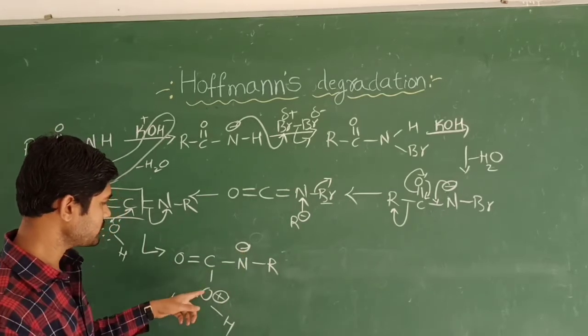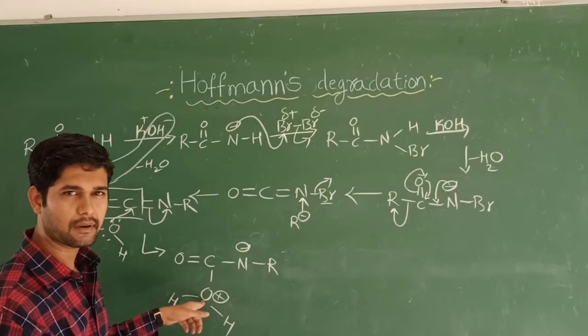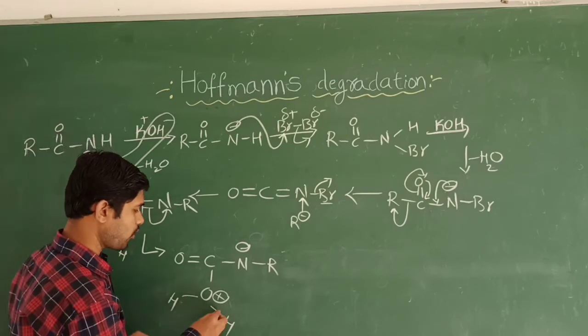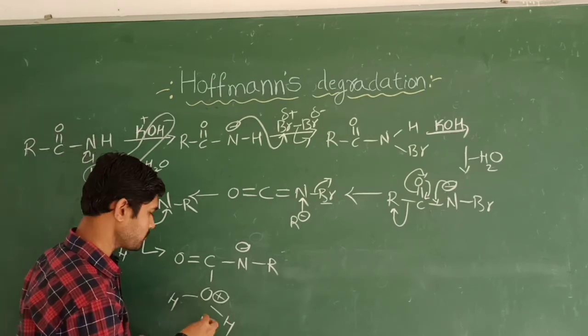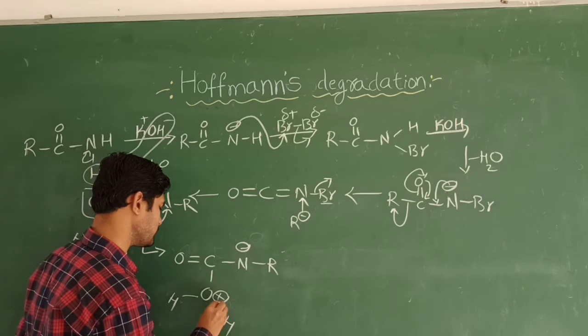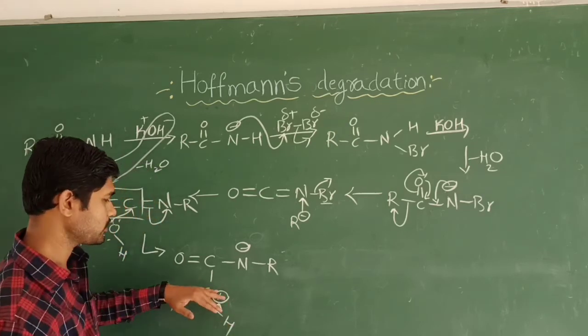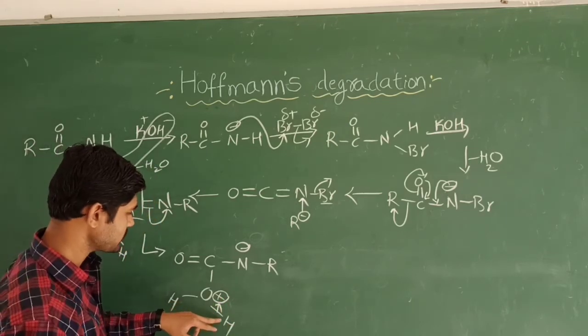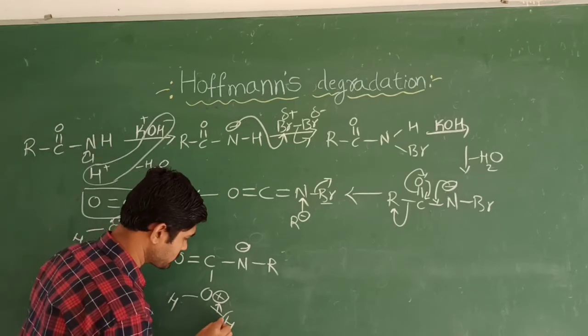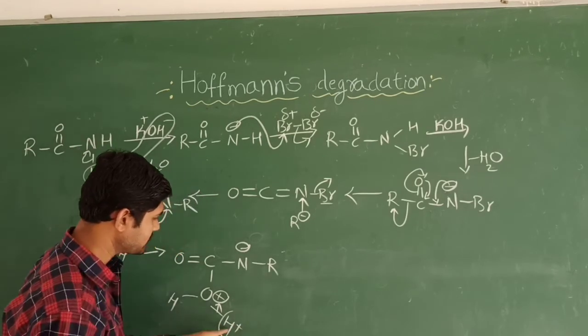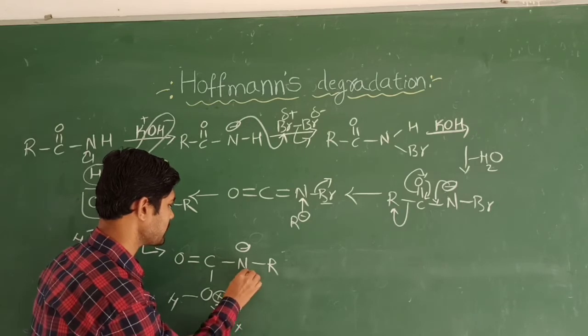And you know very well that oxygen is a more electronegative element than hydrogen. So this bond is utilized, because this is an unstable compound, and this bond is utilized for this oxygen in order to get the double bond. So here what happens? This hydrogen is eliminated as H plus, and this H plus will come and attack this nitrogen atom.